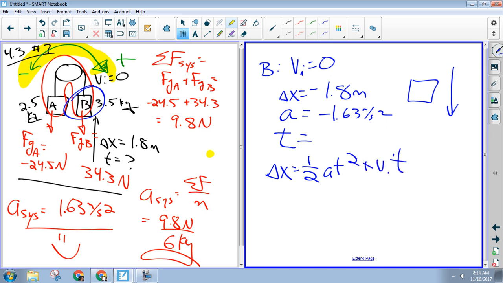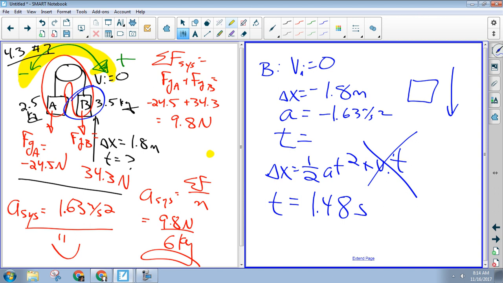Cool? So we know everything in that equation except for the t. You guys can plug in and solve for t. It ends up not being that bad because this chunk goes away because your v initial is 0, right? Follow? Okay, and so your time turns out to be something that's on the answer key. What is it? 1.48. 1.48 seconds. All right. Is everybody good with that? So that was part A.